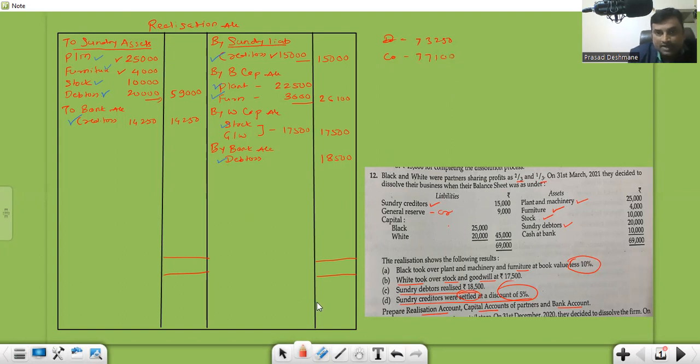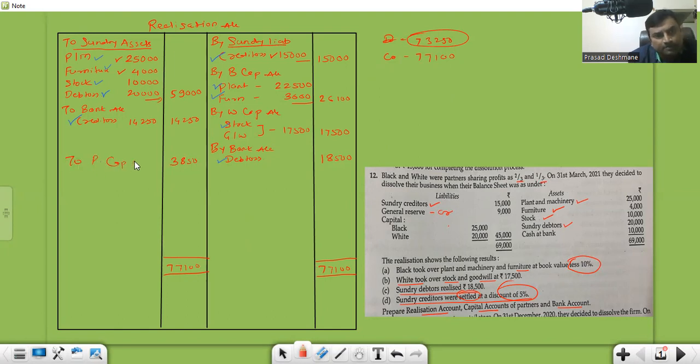So the credit side is heavier. I'll write 77,100, and from this I'll subtract 73,250 to get the profit. 3,850 is the profit we made.